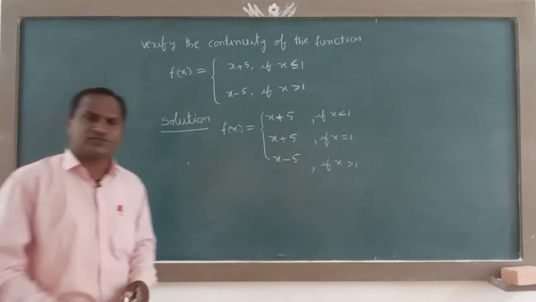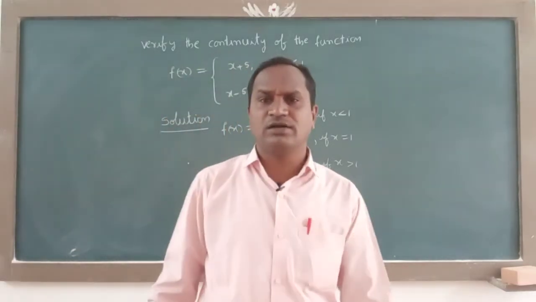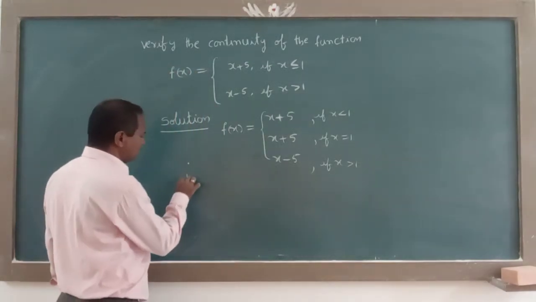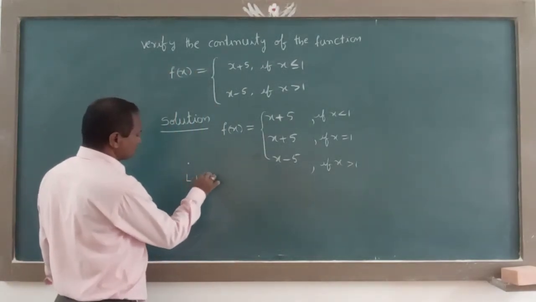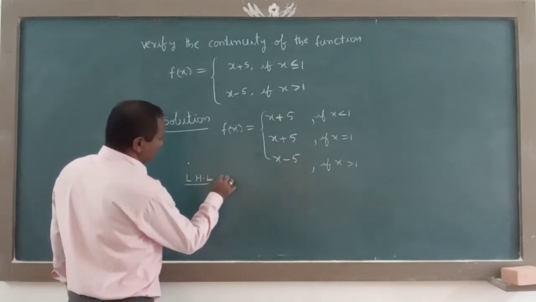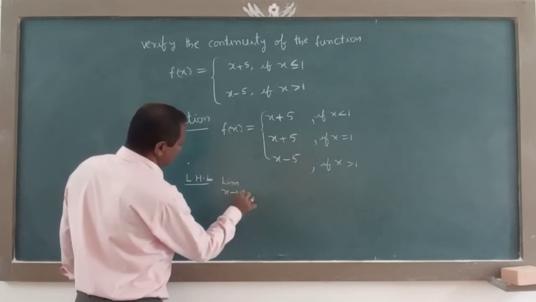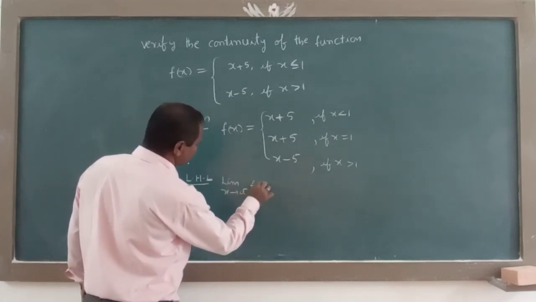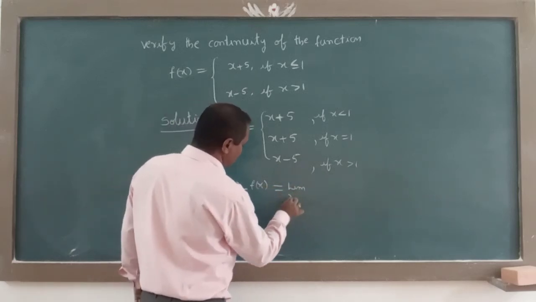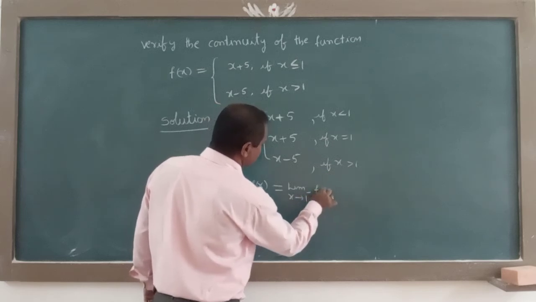With the help of all these things, now we are going to find the values of LHL, RHL and function value. LHL is the left hand limit: limit x tending to 1 minus f of x.